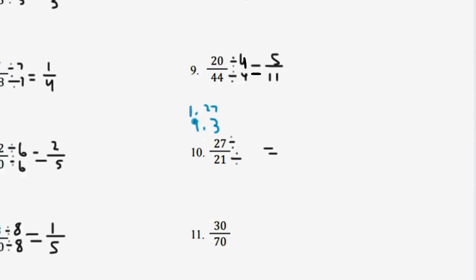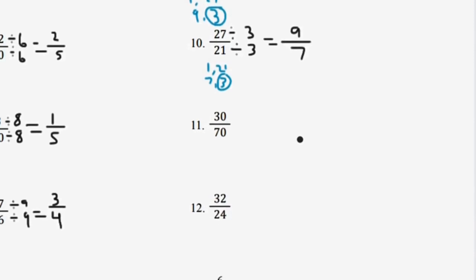And then for 21, you've got 1 and 21, and 7 and 3. Because 1 times 27 is 27, 9 times 3 is 27, 1 times 21 is 21, 7 times 3 is 21. So as you can see, trying to find the greatest common factor, that would be 3. So you're going to divide both the numerator and the denominator by 3 to simplify the fraction. 27 divided by 3 is 9, and then 21 divided by 3 is 7, and you can't simplify any further.